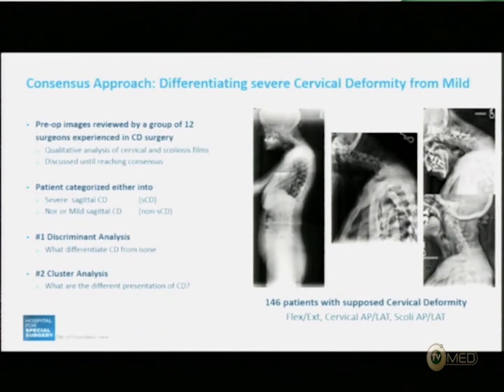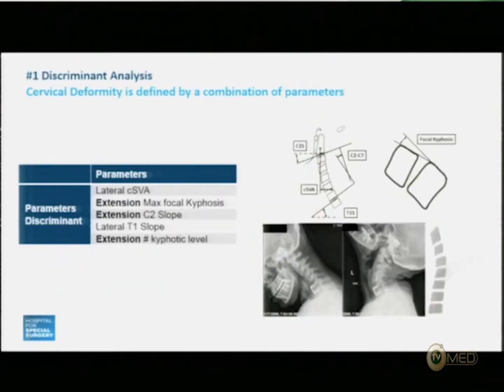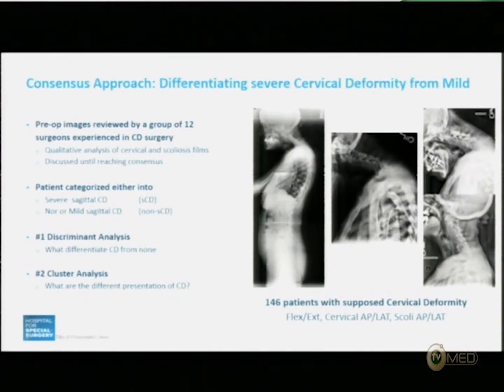And we used to define a cervical deformity as a kyphosis greater than 10 degrees. That's how we used to define that. But based on whatever we talk, we know that it doesn't really make sense. When you look at all those patients, there's such variability in the type of deformity. So first we took a group of surgeons.